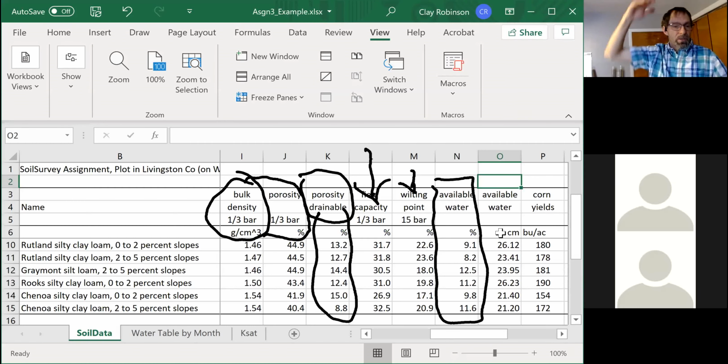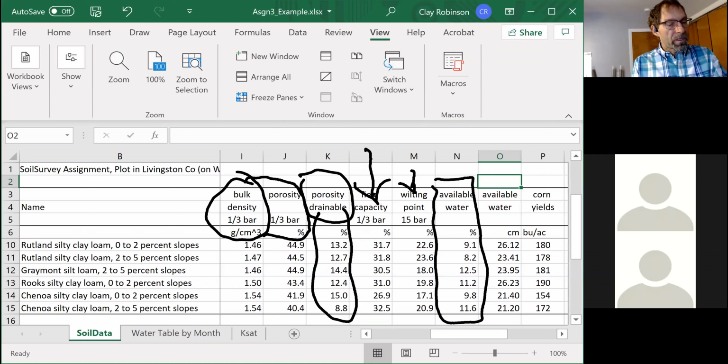This one is actually a really deep profile, 2-point-something meters. But that's how you can get from one to the other. So that's how I used my assignment 3 data. I went back to Web Soil Survey and got one more piece, to get an estimate of what my drainable porosity would be.